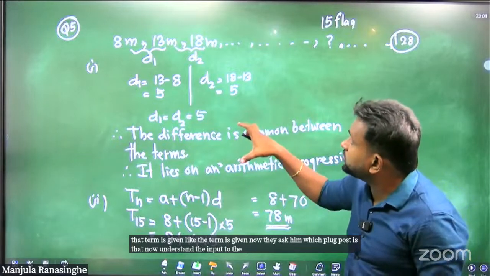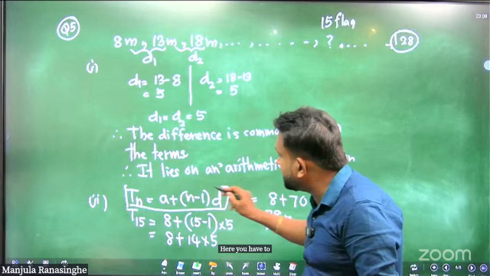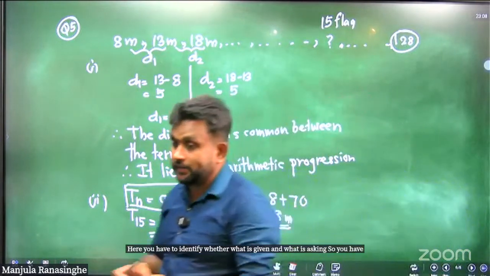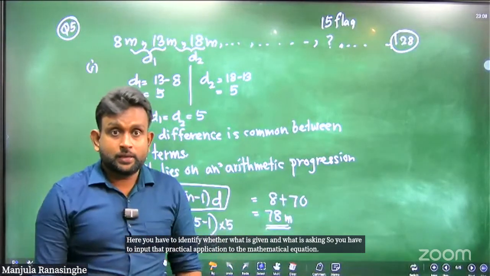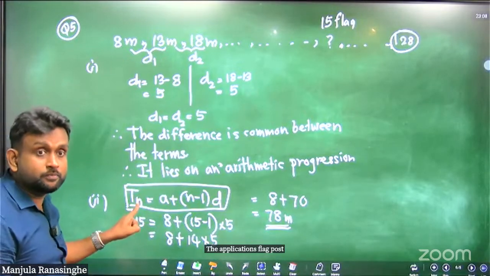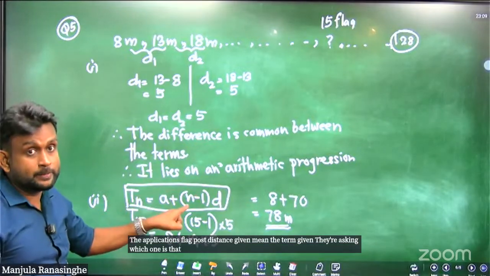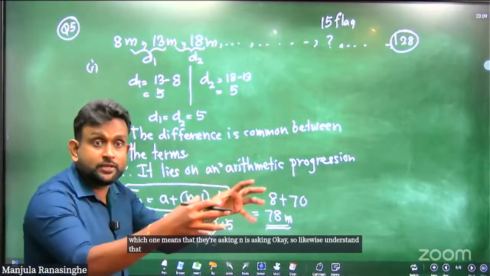You have to identify what is given and what is asked, and input that practical application into the mathematical equation. The flagpost distance given means the term is given. They are asking n.